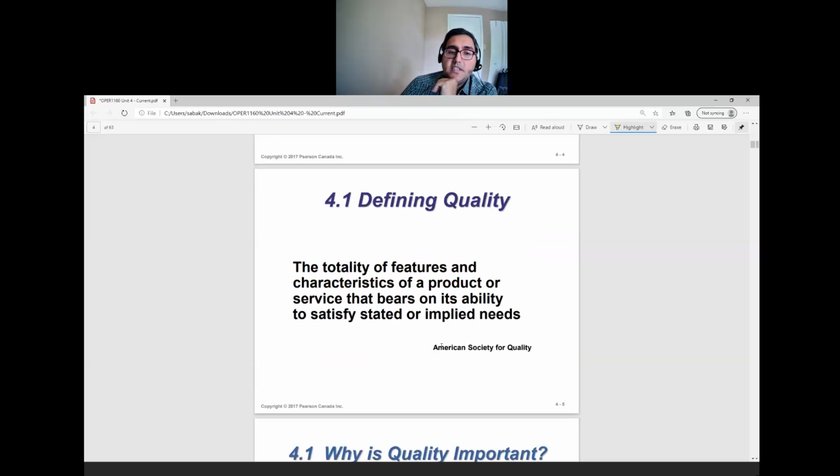So we can define quality as follows. It is the totality of features and characteristics of a product or service that bears on its ability to satisfy stated or implied needs. What it means is as follows.